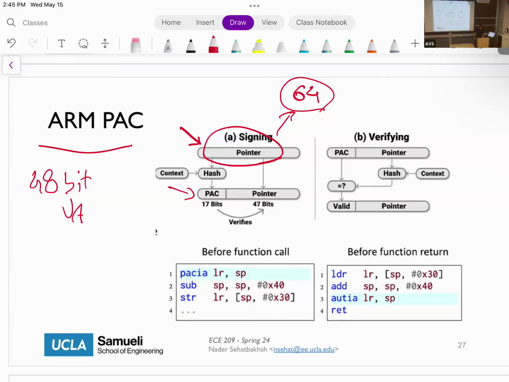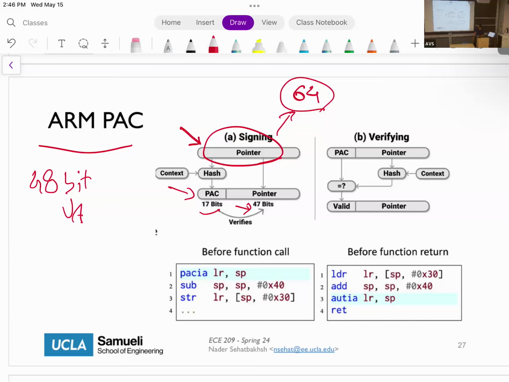So I can have 16 or 17 bits to store my tags in the system. I take the pointer, I hash it into 17 bits using some form of MAC authentication algorithm. This would be the tag for this 47-bit pointer.